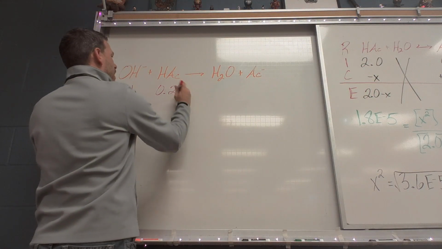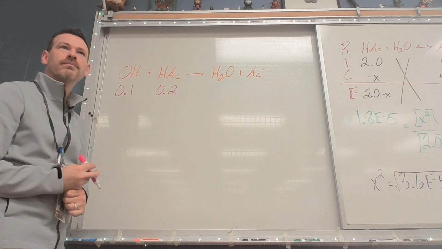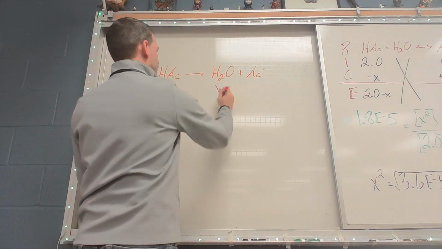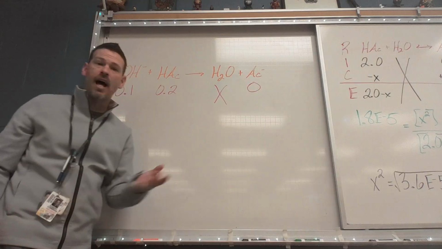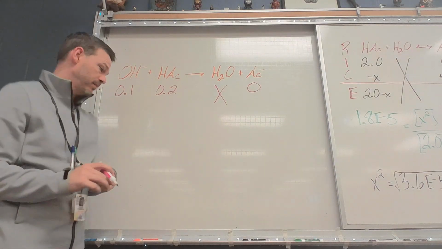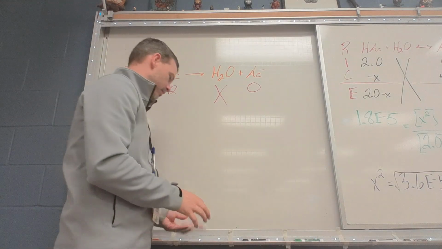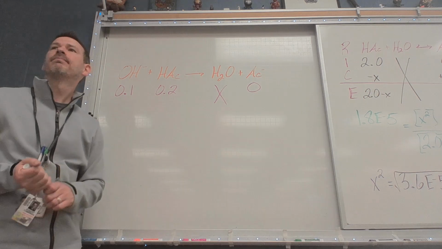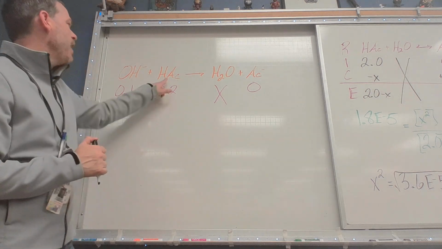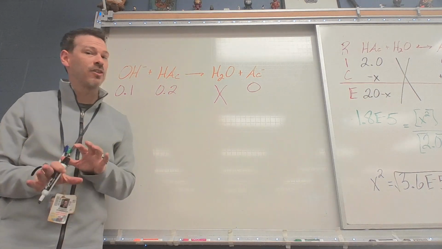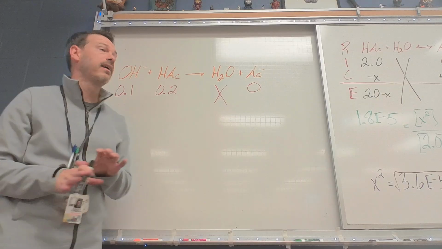Multiply them to get that. There is no acetate ion mentioned at the beginning. Who wins? HAC, which isn't the best news, but it's not the worst news. At least it's not a tie.